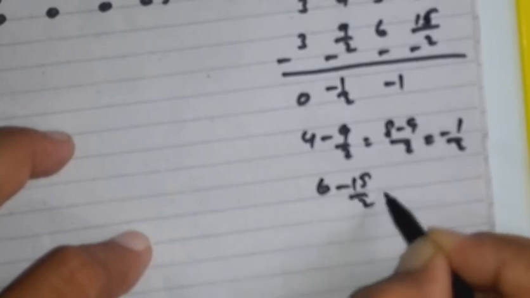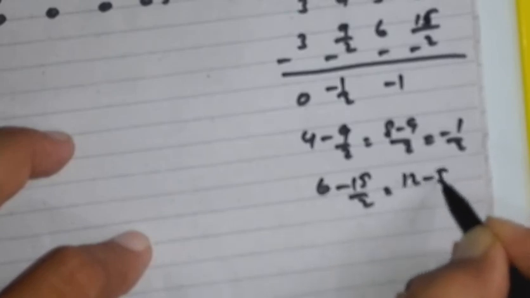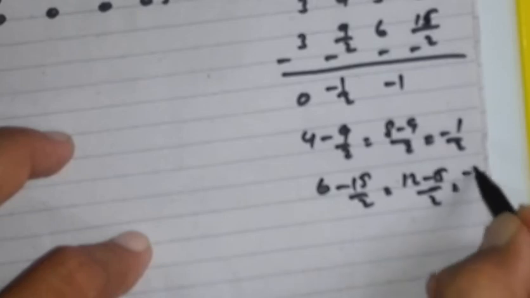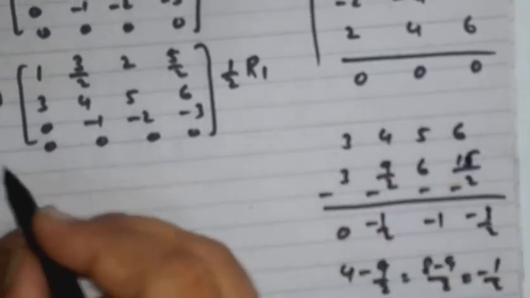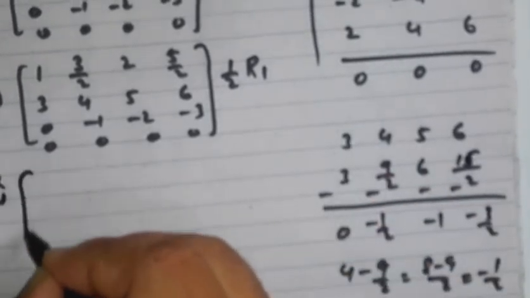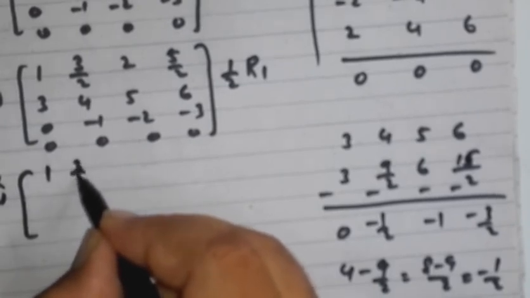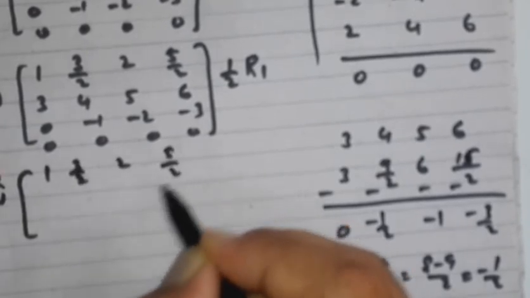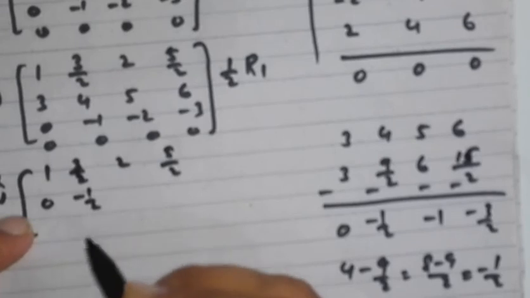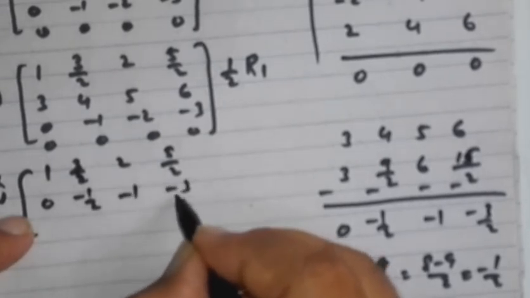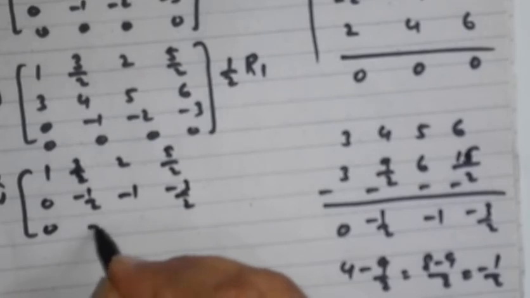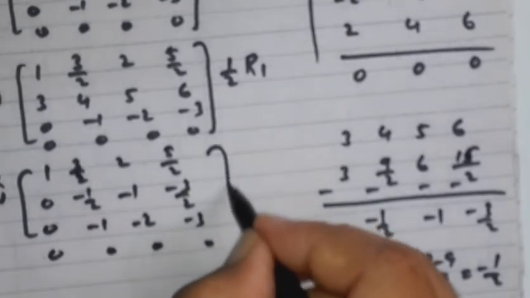And here 6 minus 15 over 2. 2 6s are 12. 12 minus 15 over 2, we get -3 over 2. So we can write the row operation: 1, 3 by 2, 2, 5 by 2, and here what we get: 0, minus 1 over 2, minus 1, minus 3 over 2, 0 minus 1 minus 2 minus 3, and 0 0 0 0 on its place.